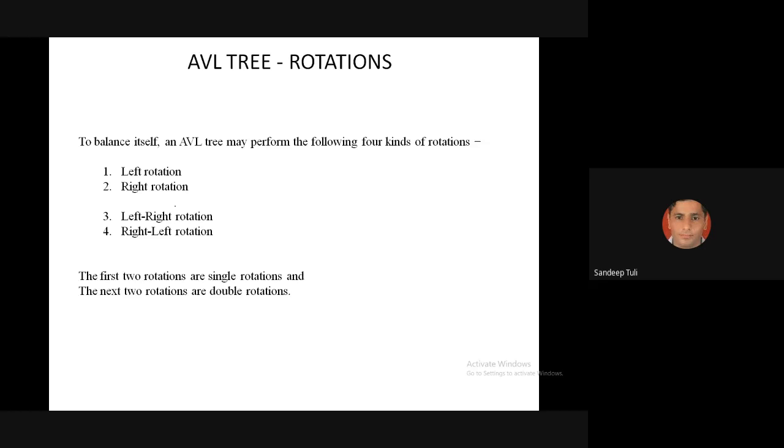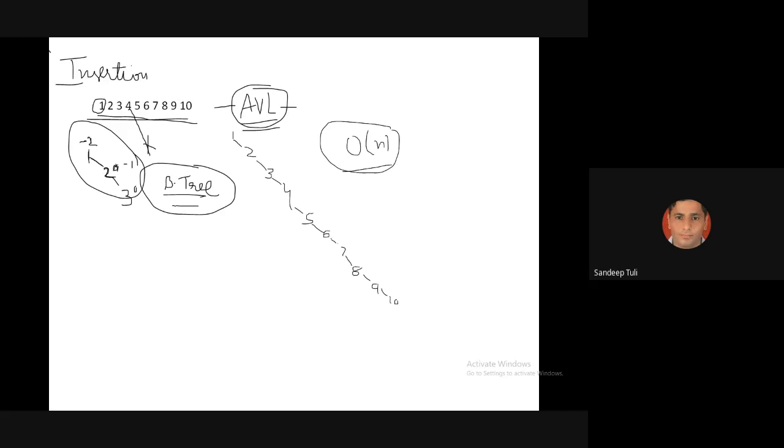Rotation is an operation that makes an unbalanced tree into a balanced tree. Is it clear to all? Like right now 1 2 3 is an unbalanced tree. We will have some kinds of rotations and we will perform them, and we will make this 1 2 3 a balanced tree.